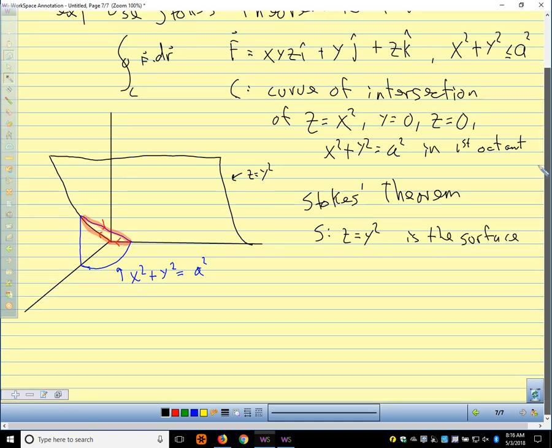All right, so we're going to apply Stokes' theorem. That's going to be our surface. We just need to find the upward component of the curl of F through that surface. So we're finding the flux of the upward component of the curl through that surface. So our flux integral is the flux integral of the curl. So we need del cross F. We need the curl of that field. So I'm just going to write it out here, just so we remember how to calculate the curl, because it's been a little bit.